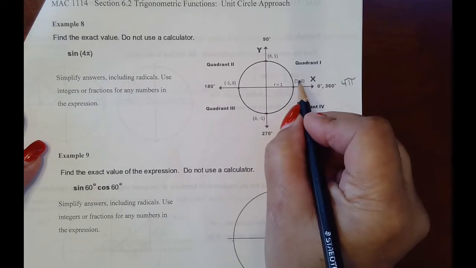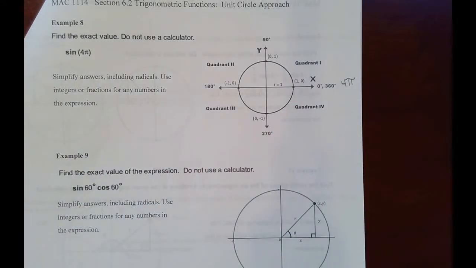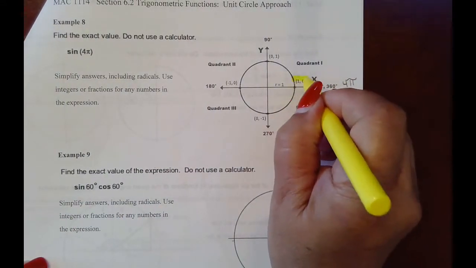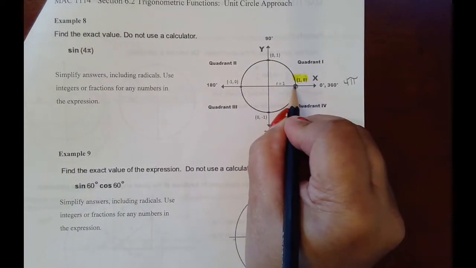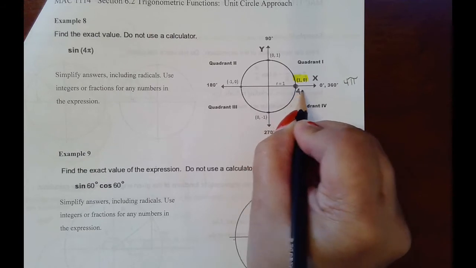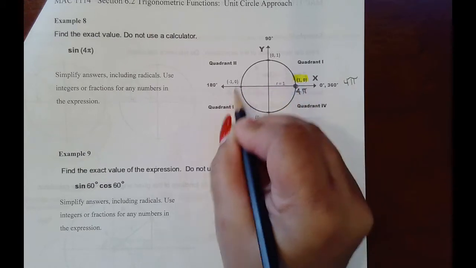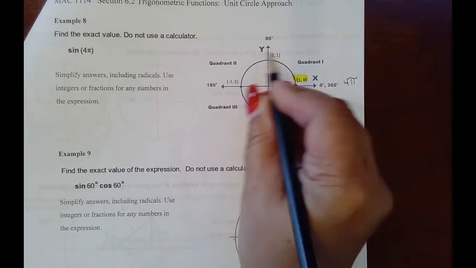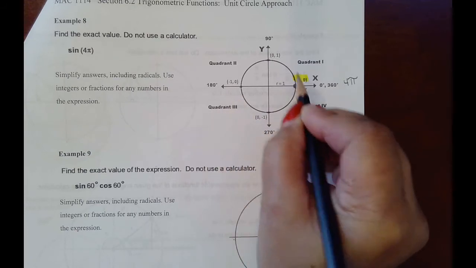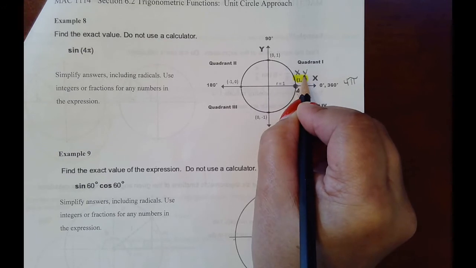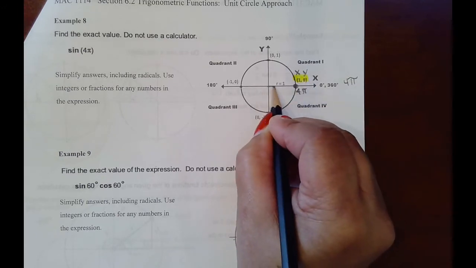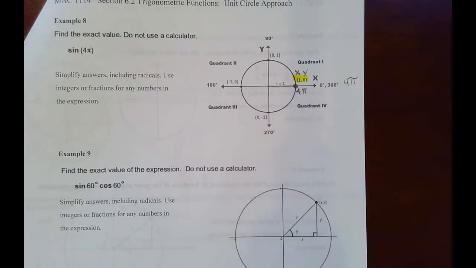And look at what the coordinates are, because the x and the y coordinate at any location, and I'm at this location right here called 4 pi. I rotated 2 pi, landed right back there, rotated another 2 pi, landed right back there, and these are the coordinates at that location. As far as what the r value is, you can also see that right there. You are in a unit circle.